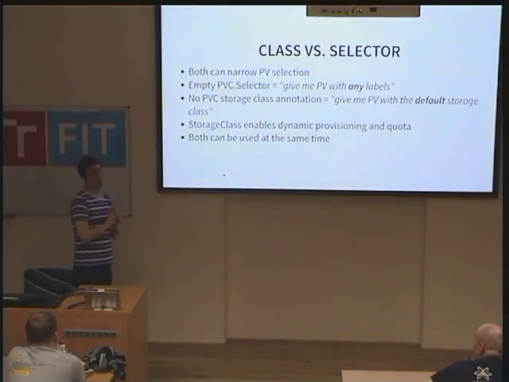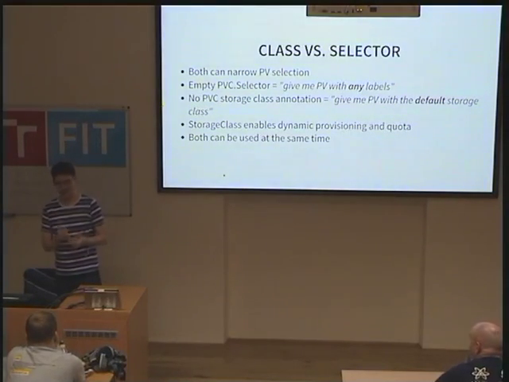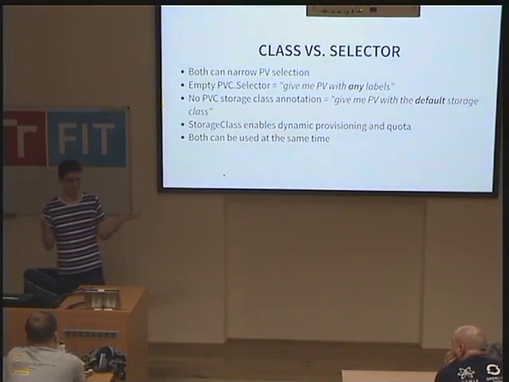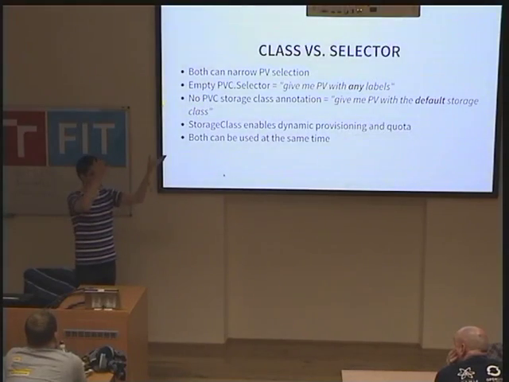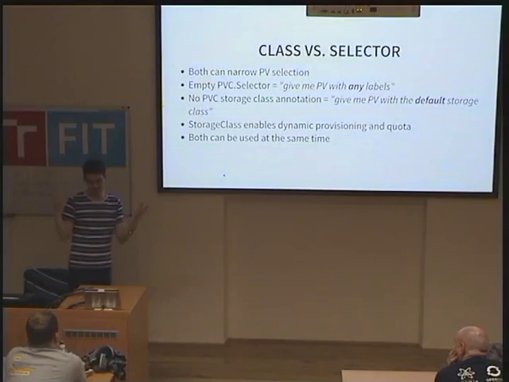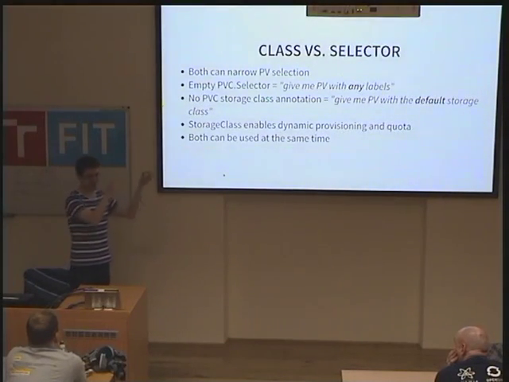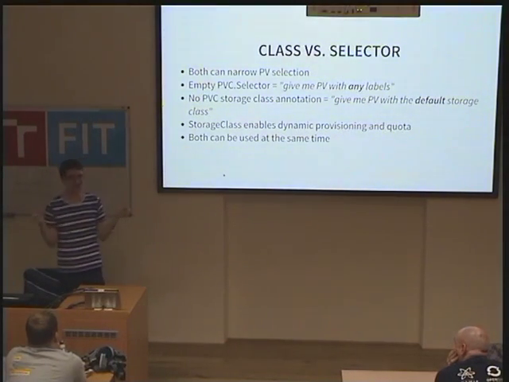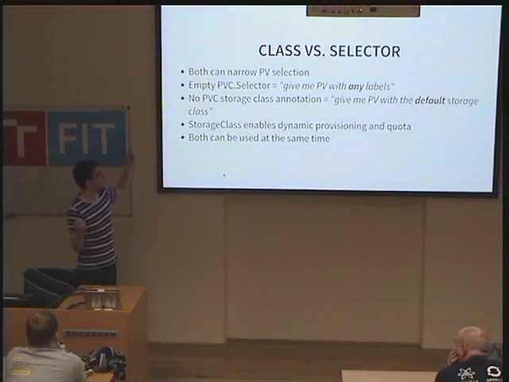So, when to use classes and selectors? These are kind of the same concept. You label a PV with labels, or you tag it with a storage class. This is the same, basically. But there is one difference.